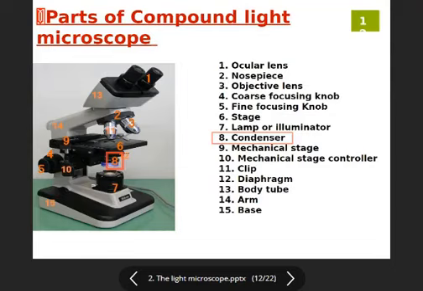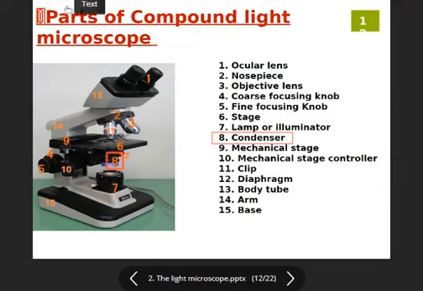When light comes from down, from the lamp, it will pass through the condenser, then it will pass through the slide, then through the objective lens, then through the eyepiece or ocular lens, and you will see it. So the condenser is a lens, but its function is not magnification. The function of the condenser is concentration.